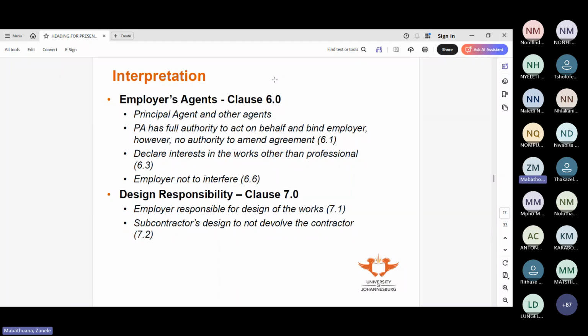And then another thing with documentation is the contract needs to specify when the principal agent and the agents shall provide copies of drawings, unpriced bill of quantities, and other construction information at no cost to the contractor.